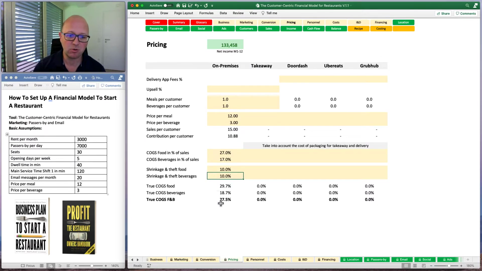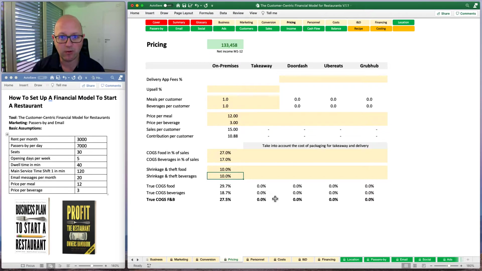Okay. So with this we get true COGS for food and beverage. So we know that our true COGS is 27.5% for food and beverage, including shrinkage and theft.